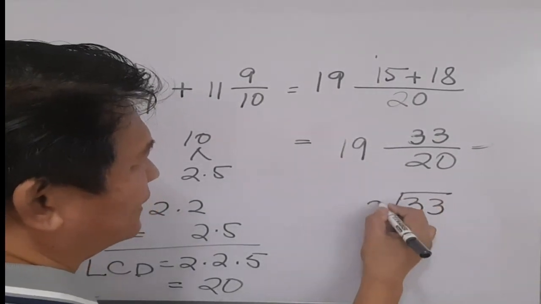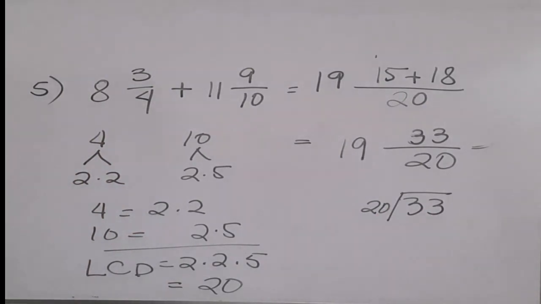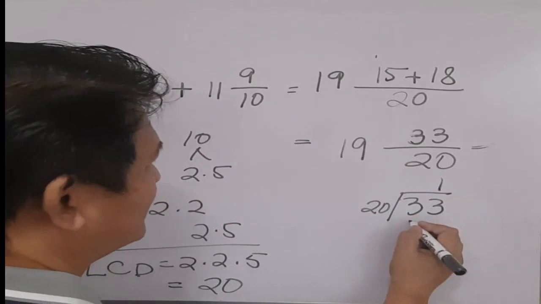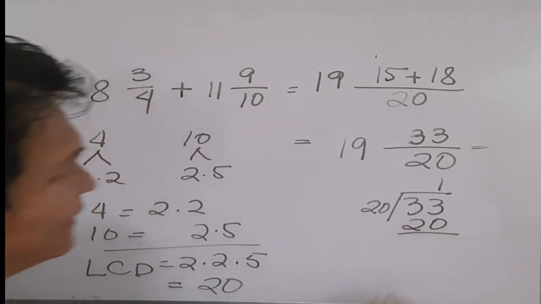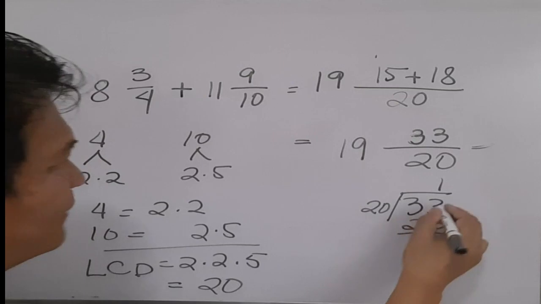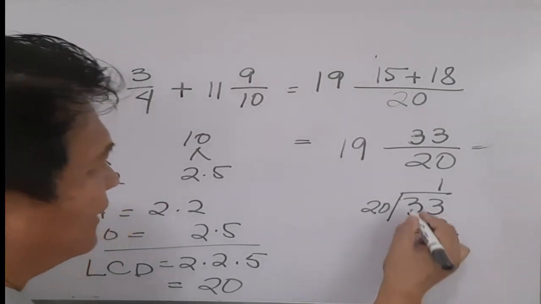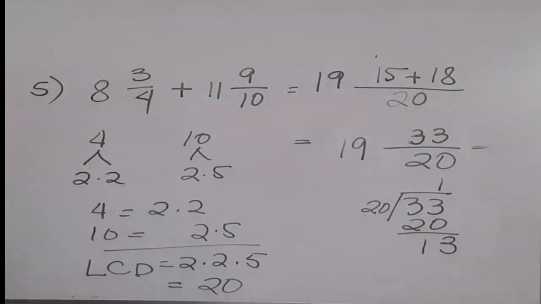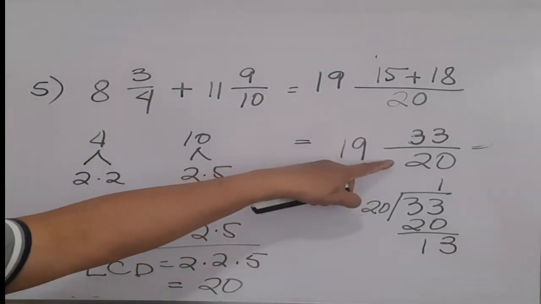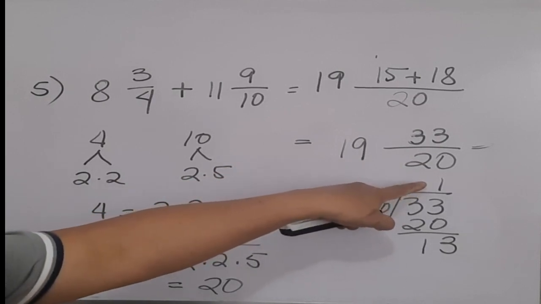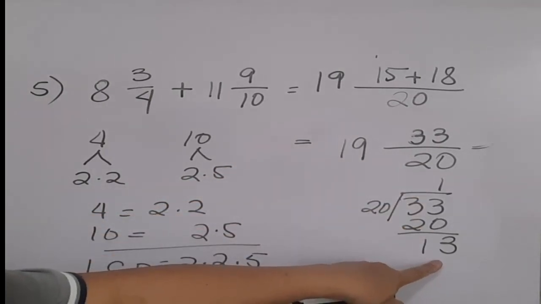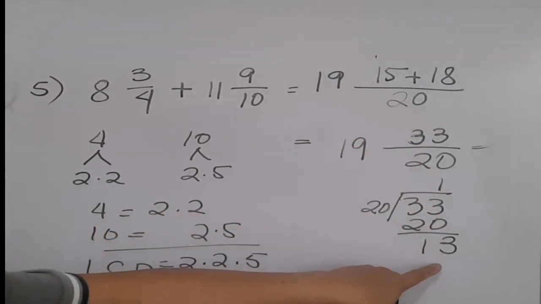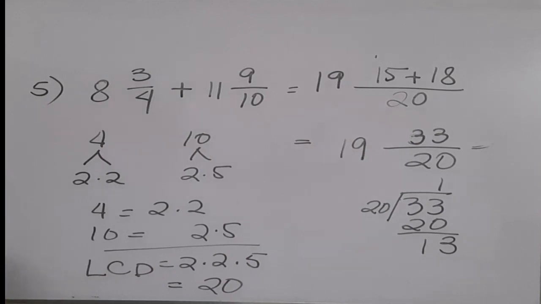33 divided by 20. So 33 divided by 20 is 1. 1 times 20 is 20. And then we subtract. 3 minus 0 is 3. 3 minus 2 is 1. So, reducing this, meron tayong whole number na 1 at saka remainder na 13. So, reducing this is equal to 1 and 13 over 20.